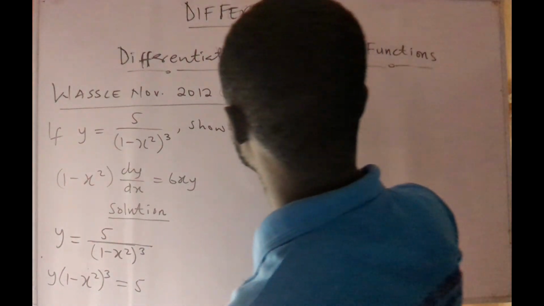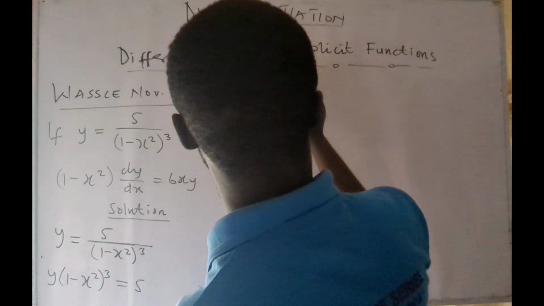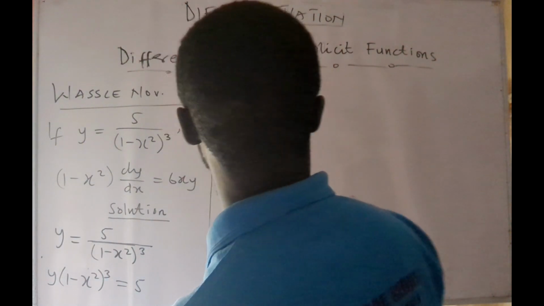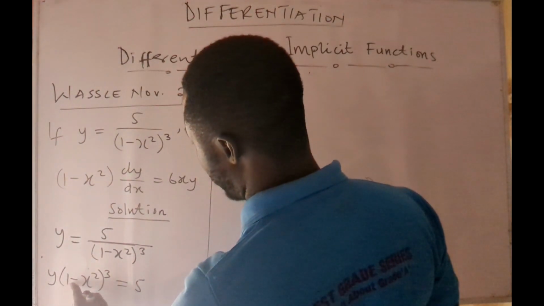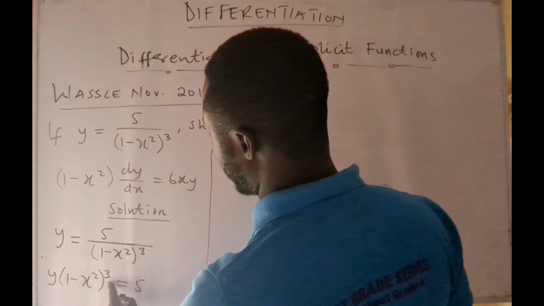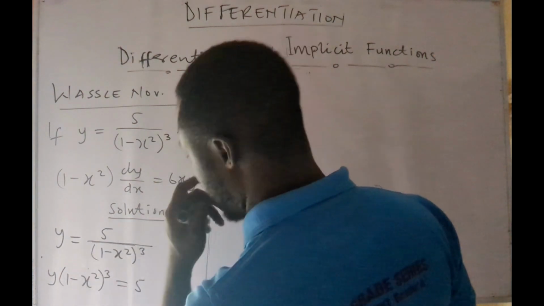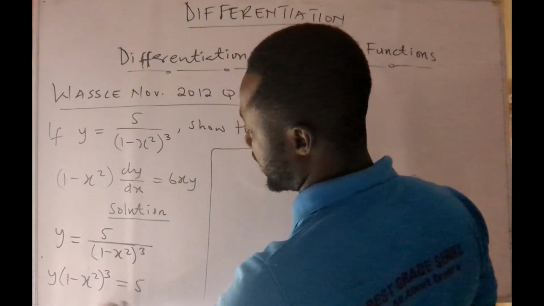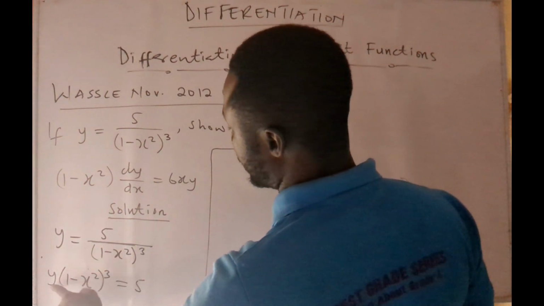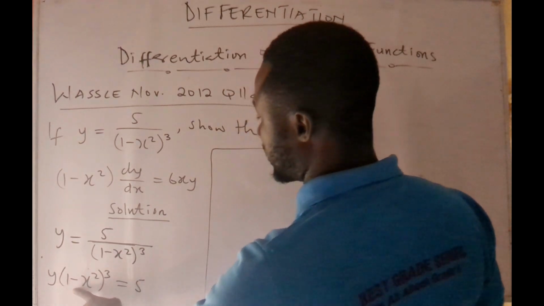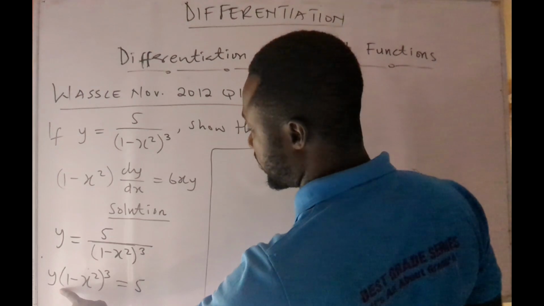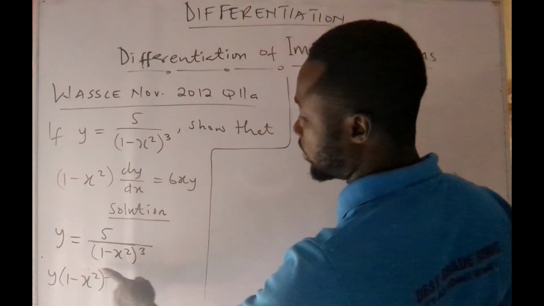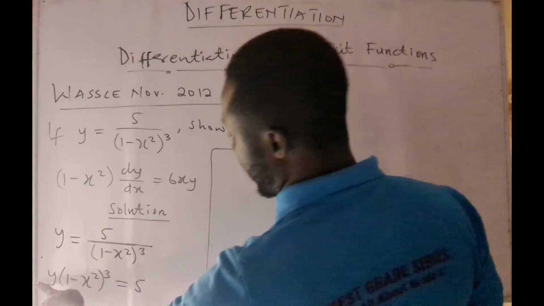All right. Okay. So this is y multiplying (1 minus x squared) all to the exponent of 3. So we are going to apply the product rule here. What we do is to differentiate y and multiply by (1 minus x squared) all to the exponent of 3. Then we also differentiate (1 minus x squared) cubed and multiply by y.